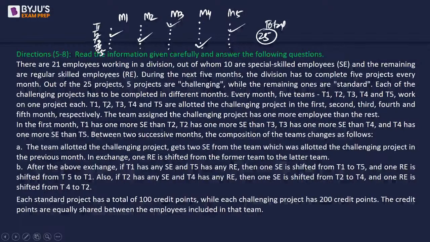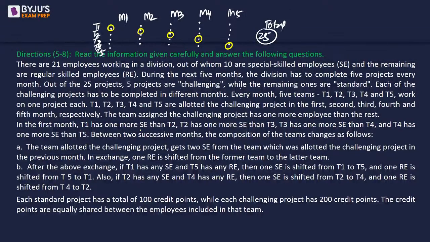T1 to T5 are allotted the challenging project in the first, second, third, fourth and fifth month respectively. तो ये हमें already पता है कि first month में the challenging project will go to T1, second month में T2, third month T3, fourth month T4 and the last month में T5. Okay, so yes, sequence we already know which one is the challenging one.